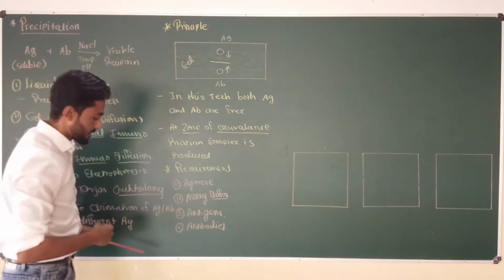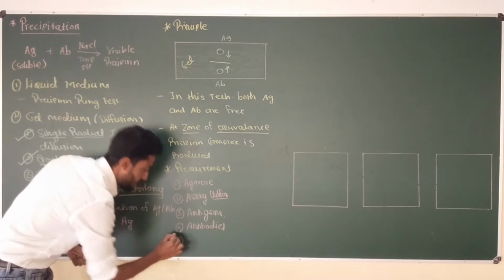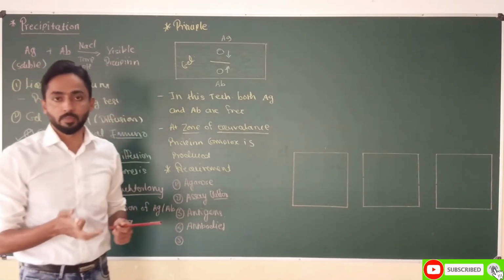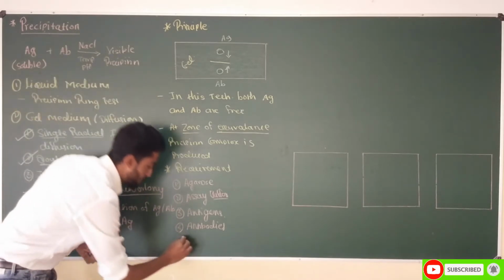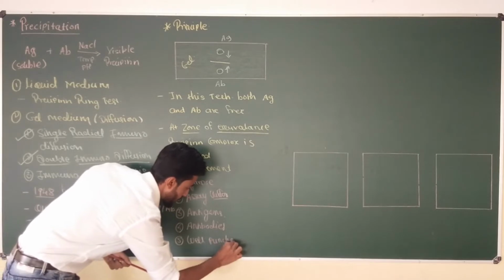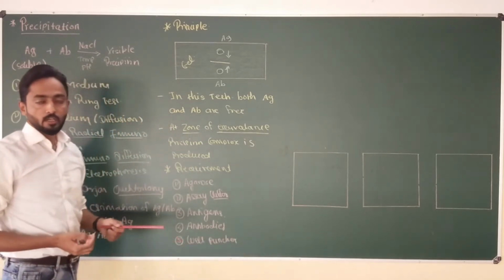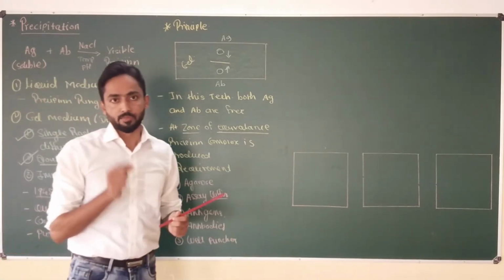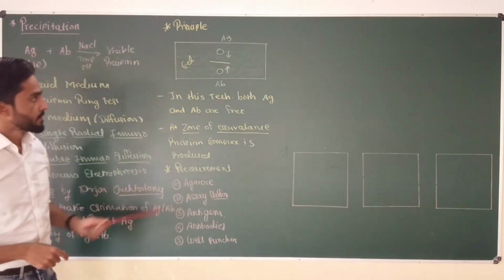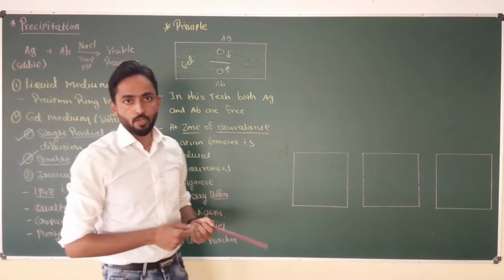Another requirement is instruments like an incubator, some glassware like conical flask and measuring cylinder, and a well puncture. We use this well puncture to make wells in the gel.